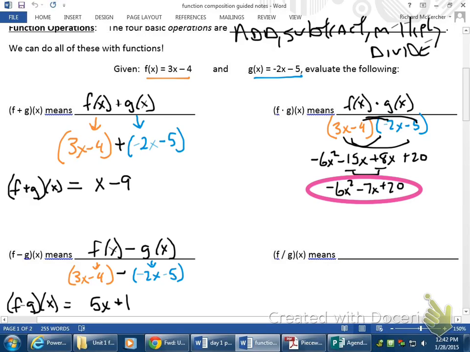Now we can also divide. Now we're only going to touch division just basically. We basically just want to write the problem. We'll do more division later in the semester. But for right now, I do want to talk about what the division means. Yes, it does mean that I'm going to divide f of x divided by g of x. But I have to remember that g of x can never equal 0. And the reason of that is because the denominator can never be 0.